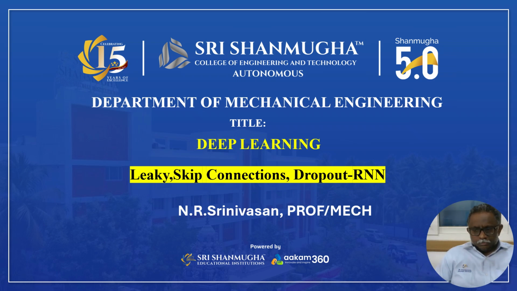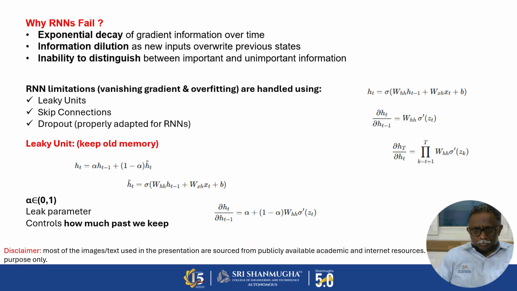To overcome the issue of vanishing gradient in RNN, we use certain strategies. The strategies are leaky units, skip connections and dropout. So why does RNN fail? Because of the vanishing gradient, as I said, and we can't handle the long range dependency, because in a long sequence we come across many important and unimportant pieces of information.